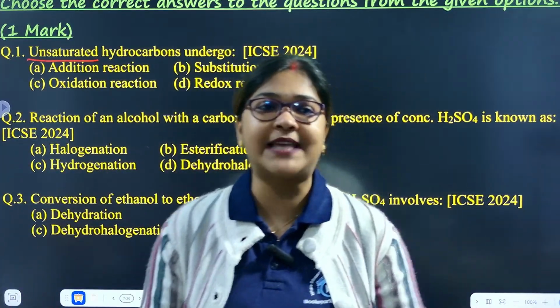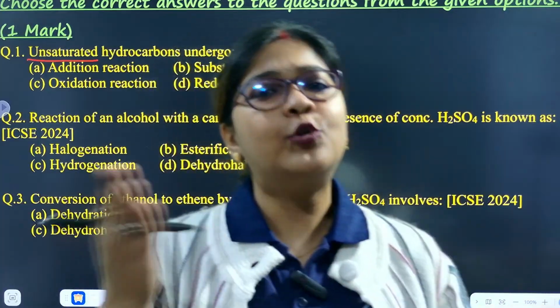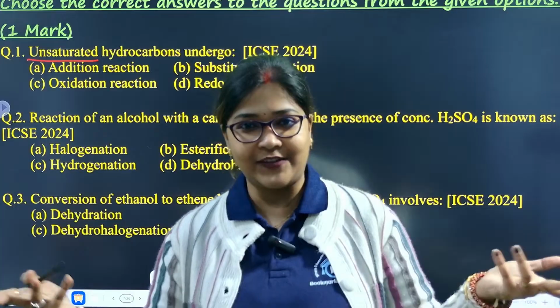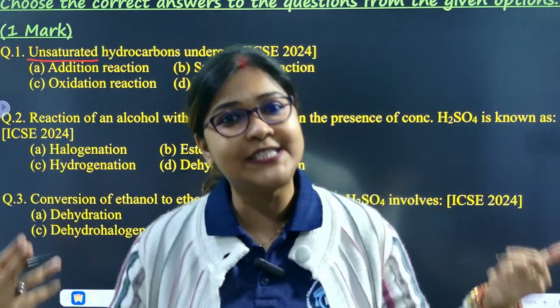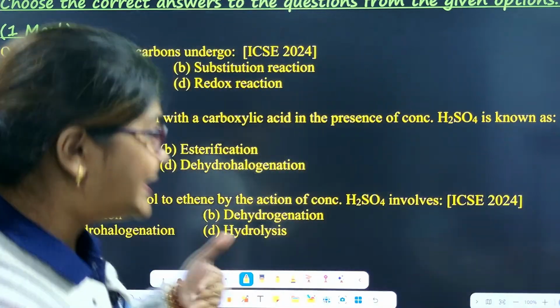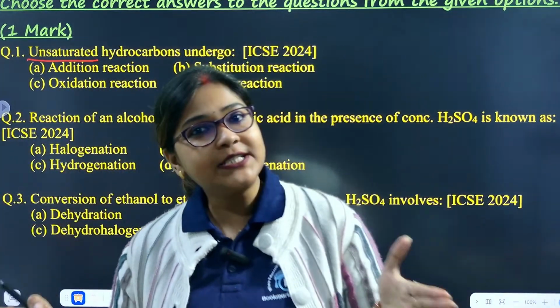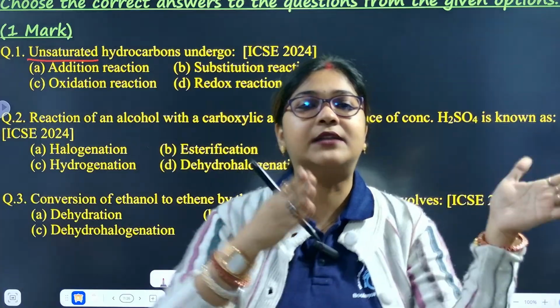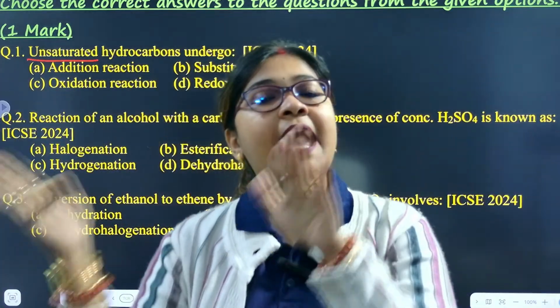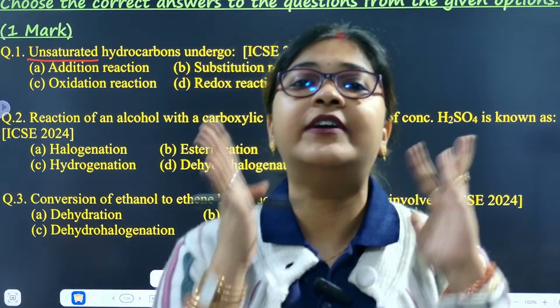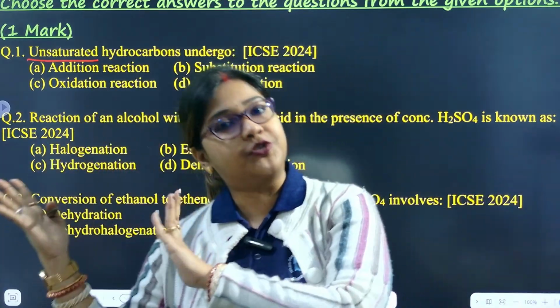You will tell me, ma'am, saturated के prefix में UN लगा दो, unsaturation हो जाएगा. Like grammatically, but chemistry wise what is the difference? Saturated hydrocarbons always have carbon carbon single bond, and unsaturated hydrocarbons have carbon carbon double or triple bonds.